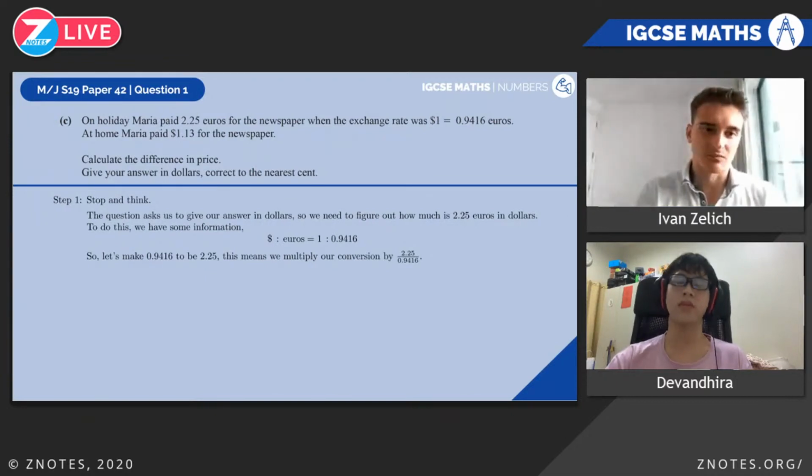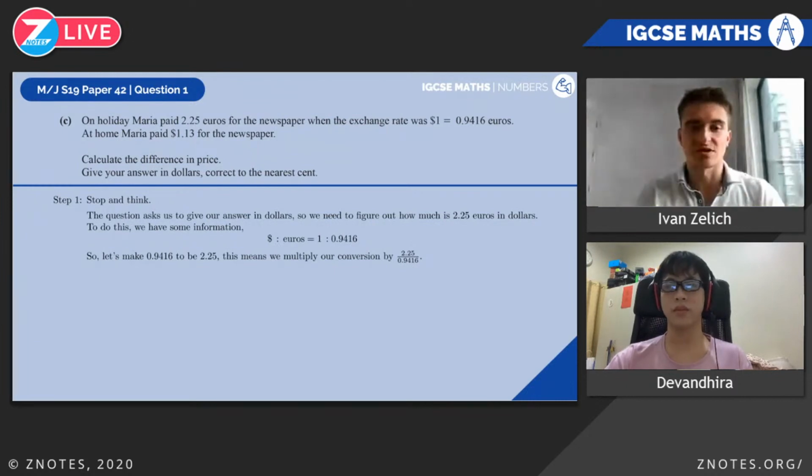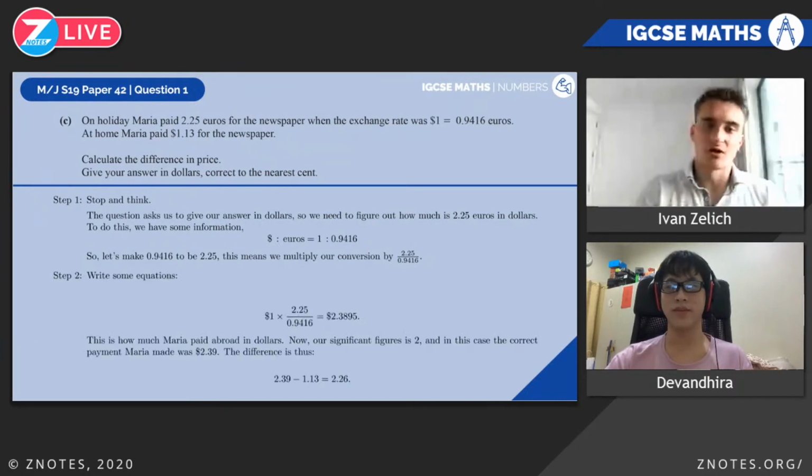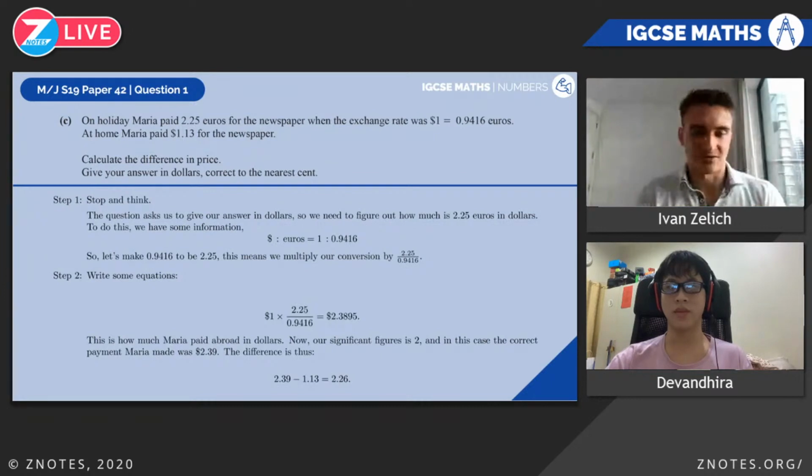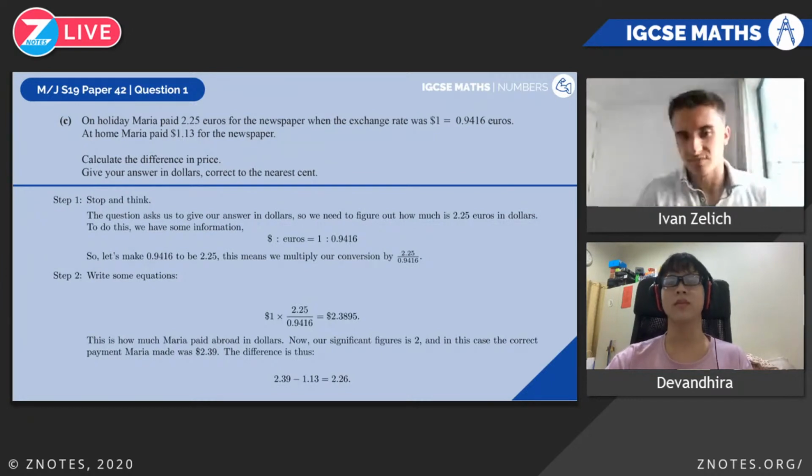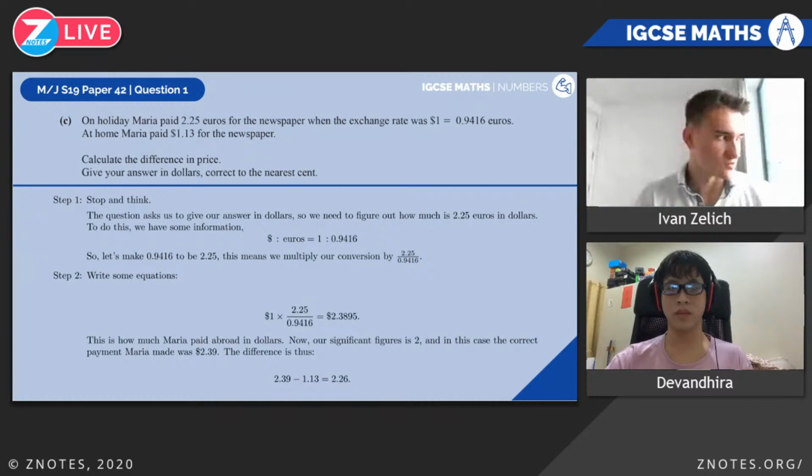Okay, and now of course, we just have to do everything to both sides. So we know $1, we multiply $1 by our conversion, which is 2.25 on 0.9416, and we get 2.3895. So this is how much Maria paid in dollars. And we now have to round that to two decimal places because in dollars you don't have any better accuracy than cents.